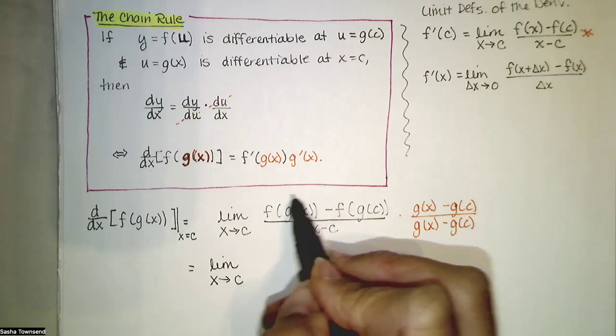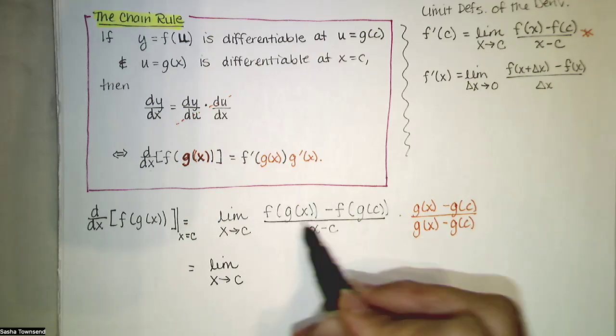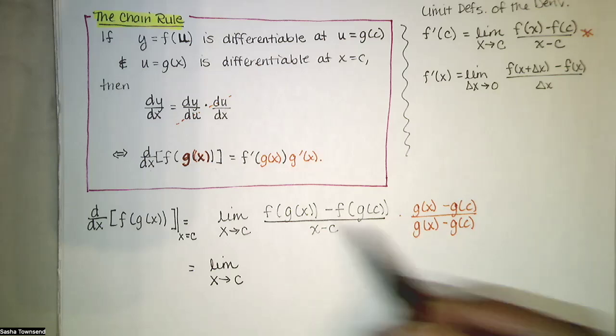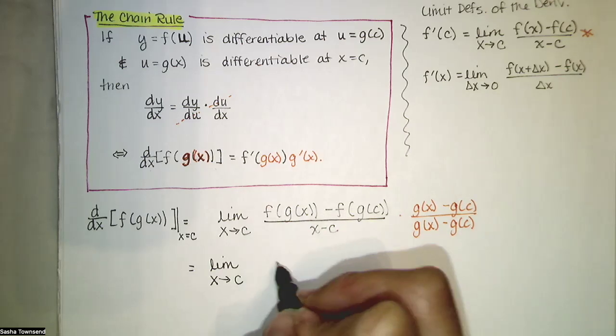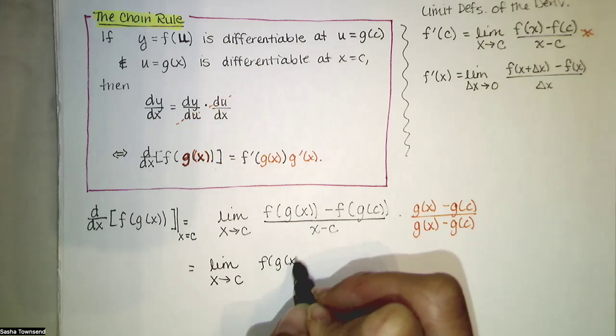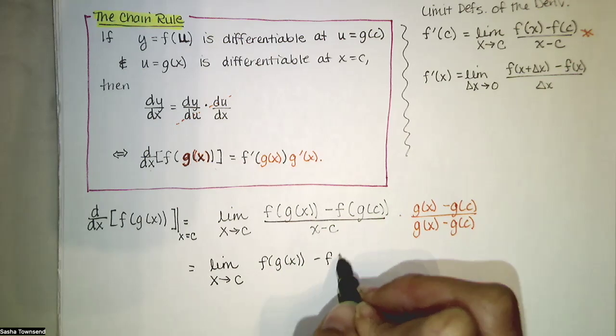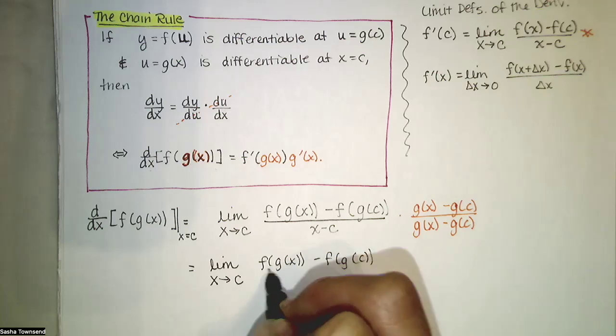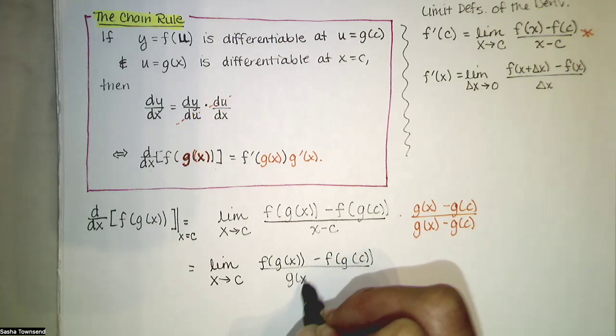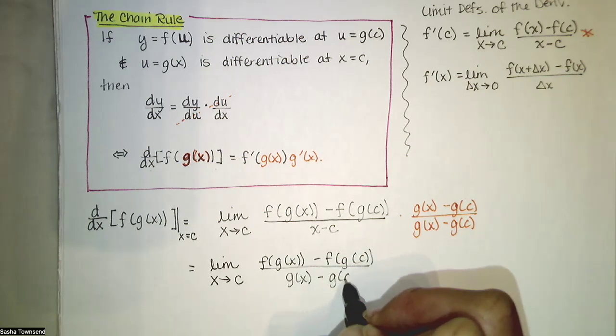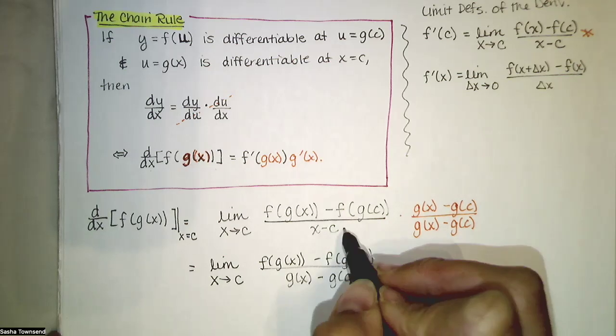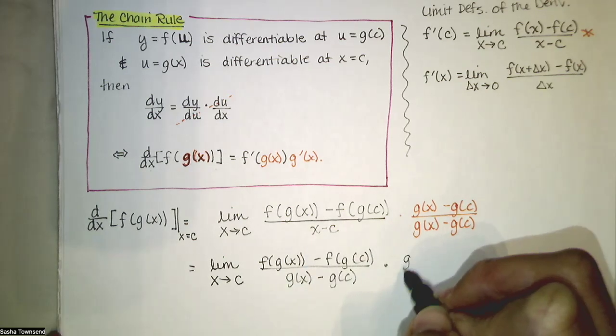If I regroup this, I've got f of g of x minus f of g of c, and I can put g of x minus g of c as my denominator here. And then I can put x minus c as my denominator over here.